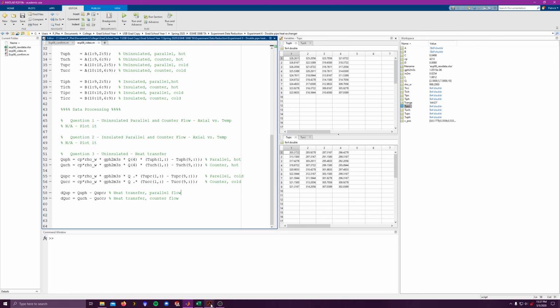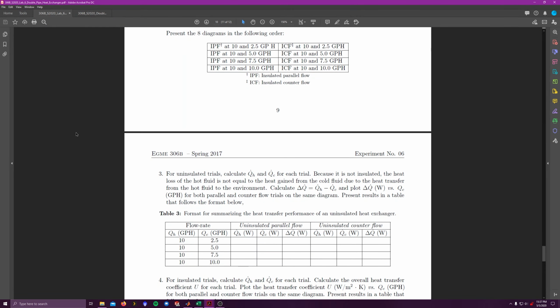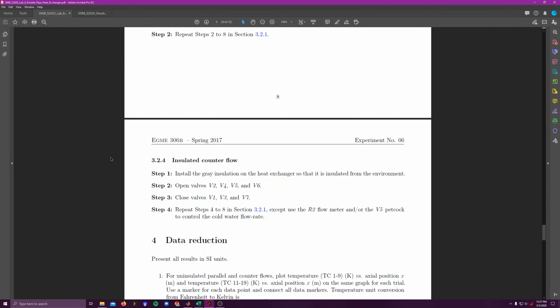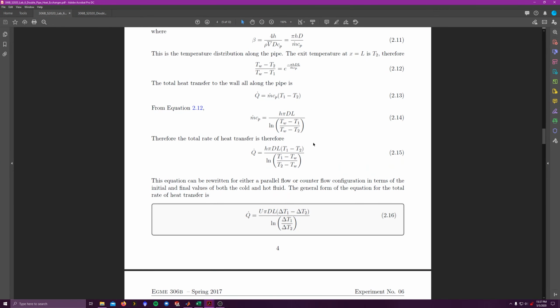This is going to be for our uninsulated configuration that we had. So we're going to plot Q dot versus our volumetric flow rate for the cold fluid. So the equation that we're going to use here is equation 2.13.